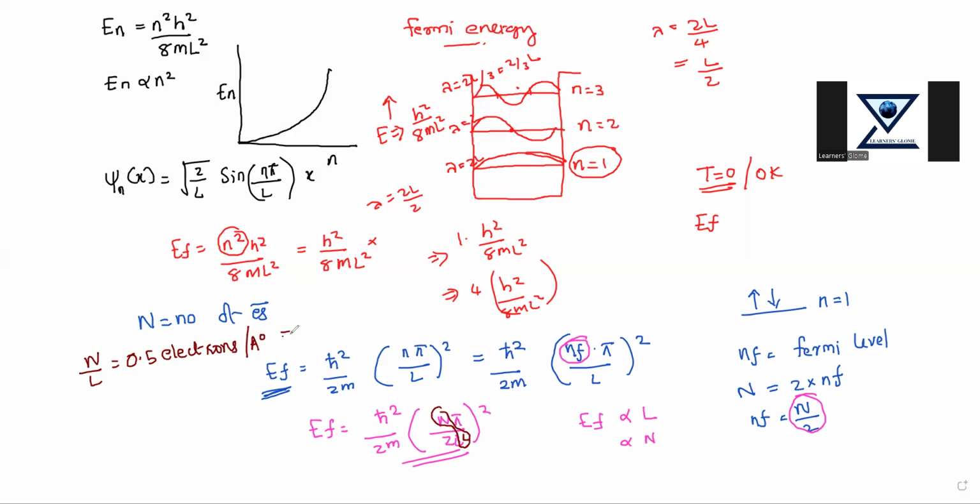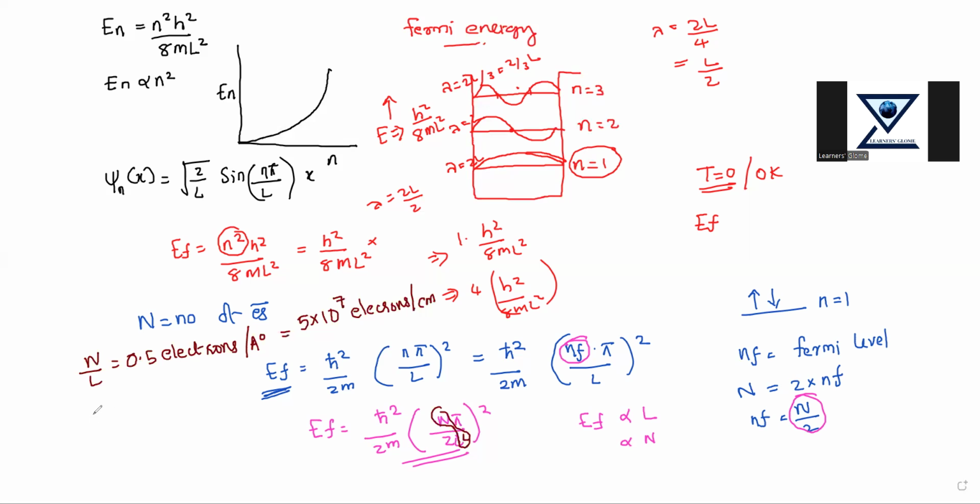So we can take 1 angstrom is equal to 10 raised to minus 10 meter. Then we can write it in centimeter as 5 into 10 raised to 7 electrons per centimeter.